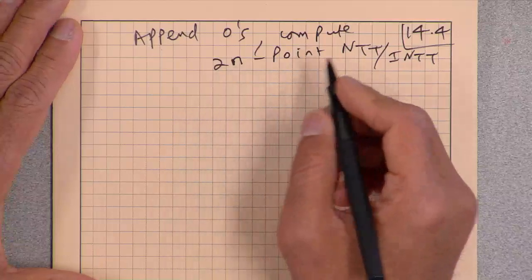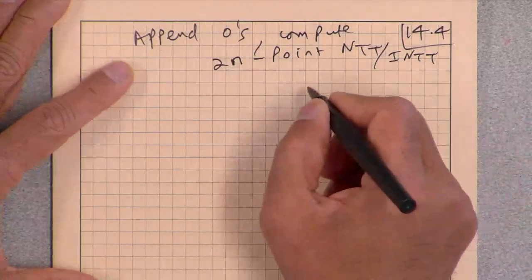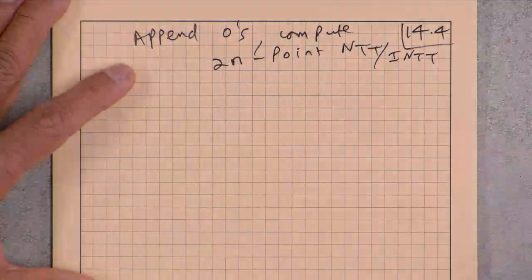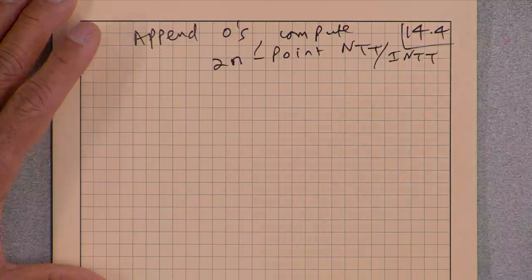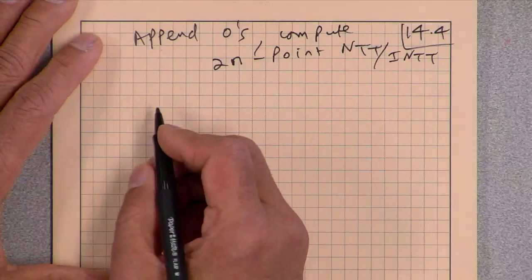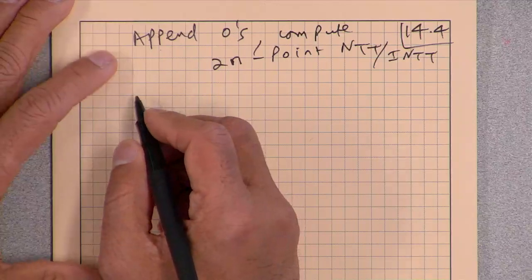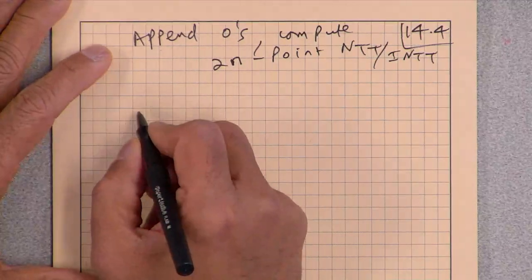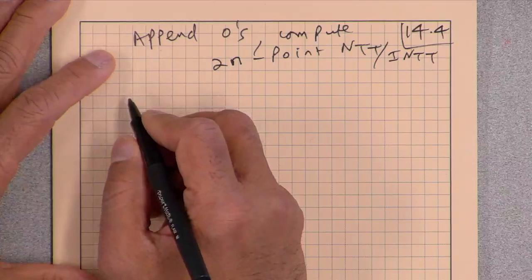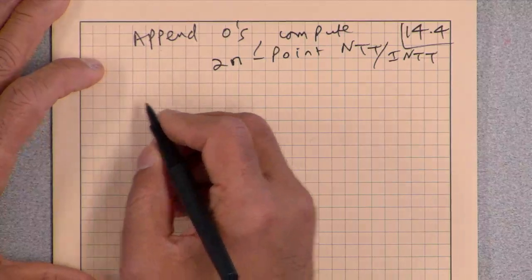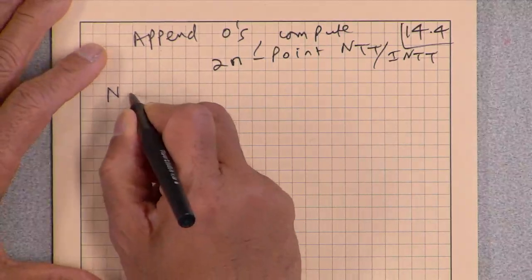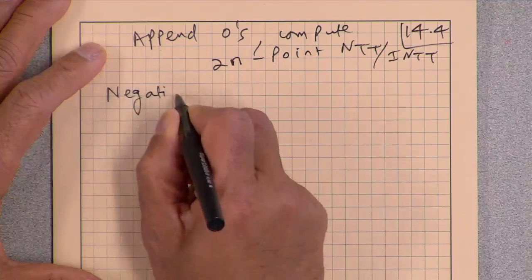Just like the convolution problems that we worked on, once we compute the 2n-point, we have to manually do the modulo and then add back those terms after n minus 1 so that they circle back. So this will work. But what we really want is something where we can use only n-point NTT. So how do we use only n-point NTT?